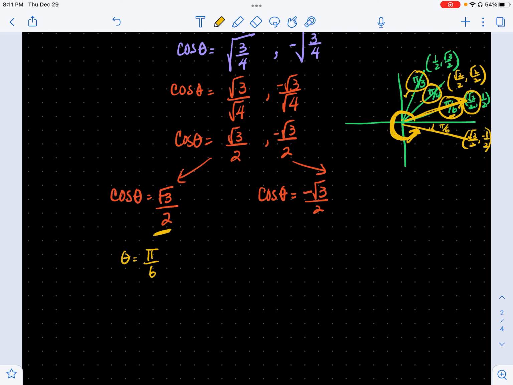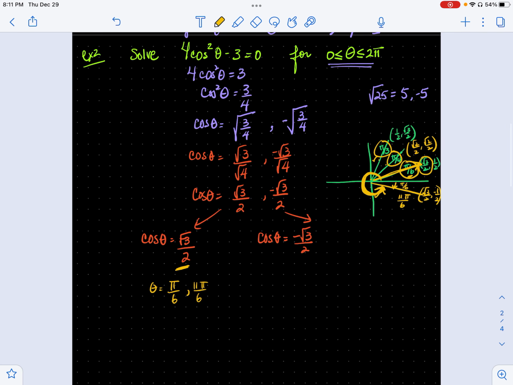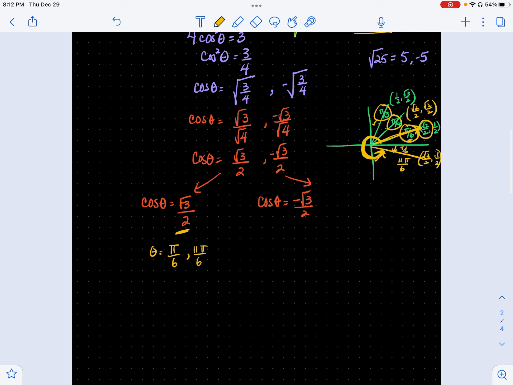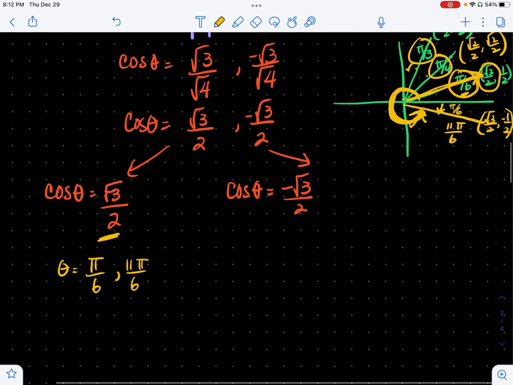So the entire angle, going counterclockwise, would be 11 pi over 6, because the entire circle will be 12 sections, and one section less would be 11 pi over 6. So that gets me both the answers from here. Also note, there's no point in going around again because our domain is restricted to one rotation. So there will be only two possible theta values when cosine is positive.